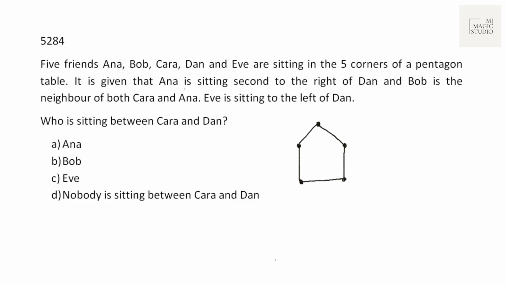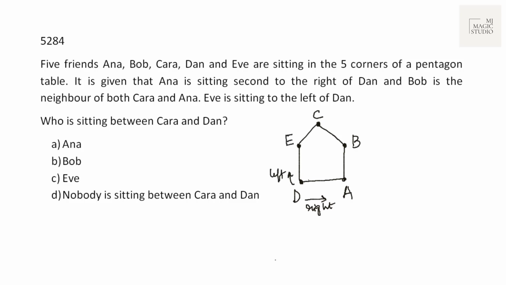It is given that Anna is sitting to the right of Dan. Dan's right is Anna. And Bob is neighbor of both Kara and Anna. So next to Anna here should be Kara, and then Bob is neighbor of both Kara and Anna. Eve is sitting to the left of Dan, obviously.